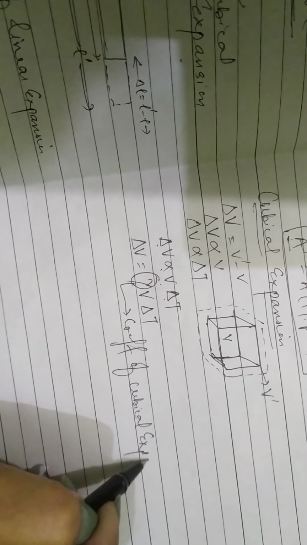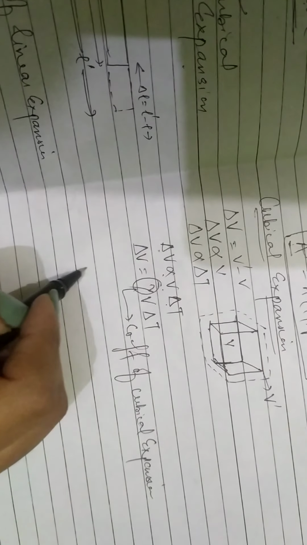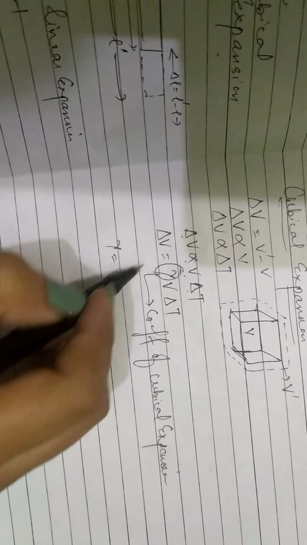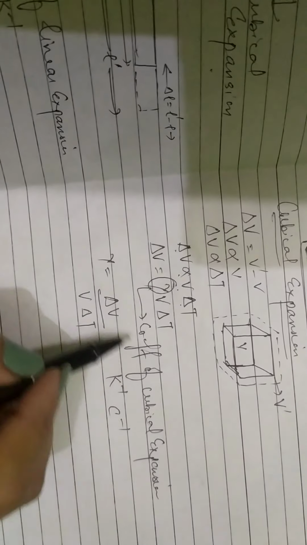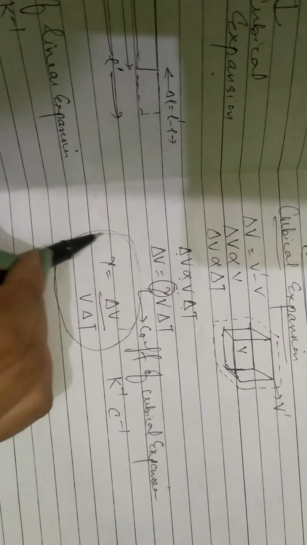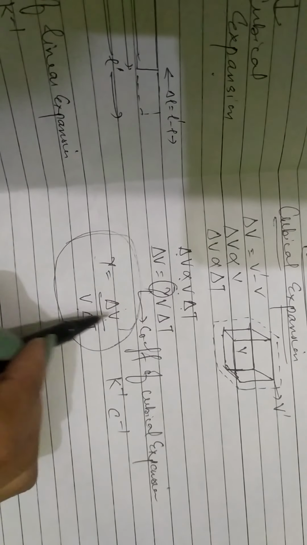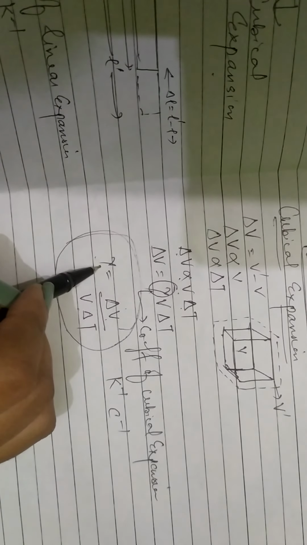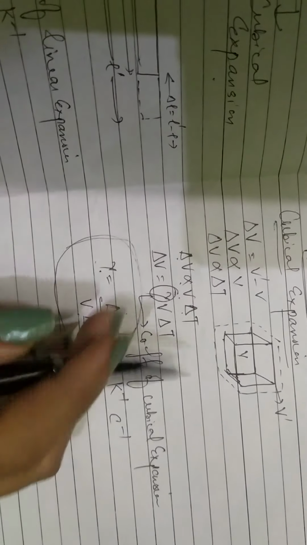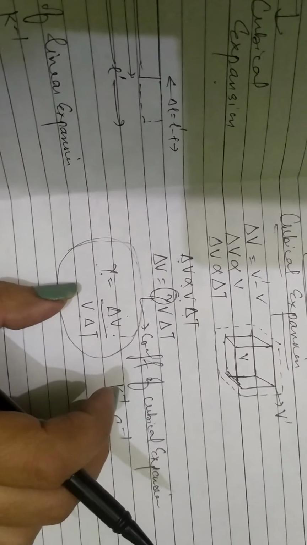Gamma is delta V over V delta T. Units will be the same, Kelvin inverse or Celsius inverse. From the formula, you can tell the definition of gamma. WhatsApp me its definition.